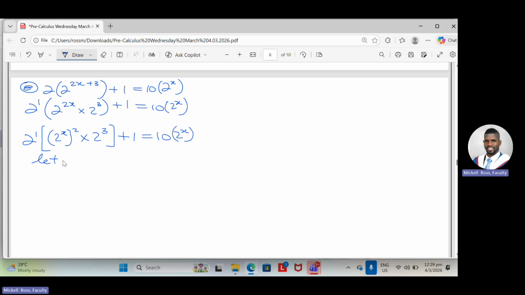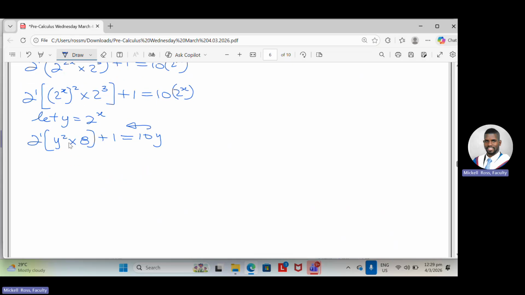Okay, and say let y equals 2 to the x. So we're going to get 2 y squared times 8 plus 2 cubed is 8 plus 1. Well, let's write it first here, and then we're going to bring it over so we can solve.